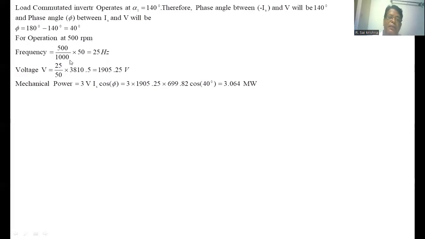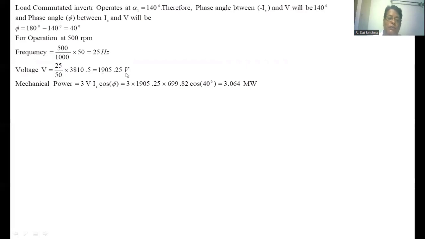For 1000 rpm it requires 50 Hz, so 500 rpm requires 25 Hz. To maintain the V by F ratio constant, I have to find the corresponding voltage also. When you apply 50 Hz, this much voltage is applied. If you apply 25 Hz, this much voltage you have to apply to the synchronous motor.